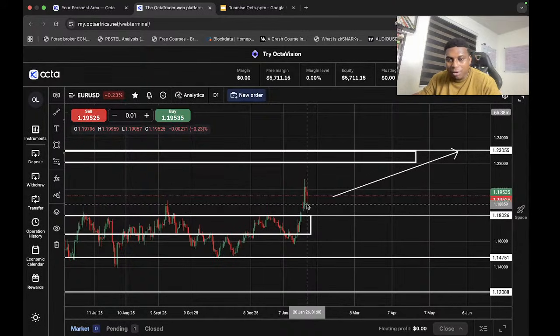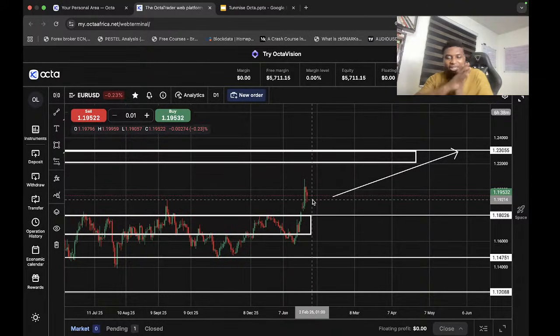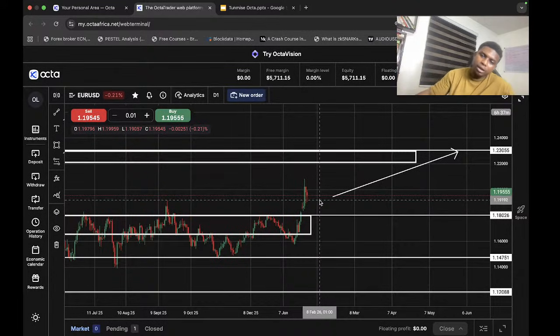With this chart that we can see and the move in the market, we can to a great extent say that price is going up.